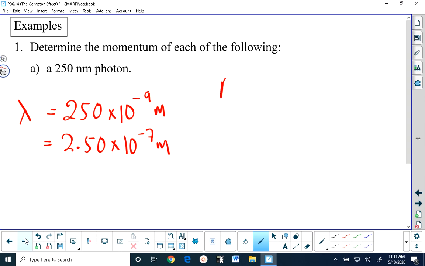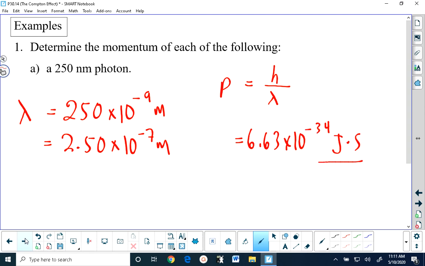Pretty straightforward calculation. The momentum is equal to Planck's constant over the wavelength, which means it's equal to 6.63 multiplied by 10 to the negative 34 joules multiplied by seconds over the wavelength of 2.50 multiplied by 10 to the negative 7 meters.